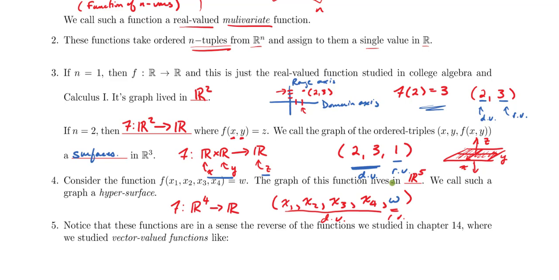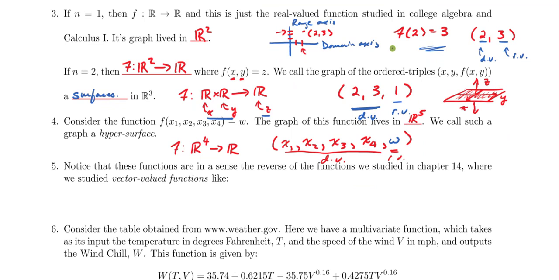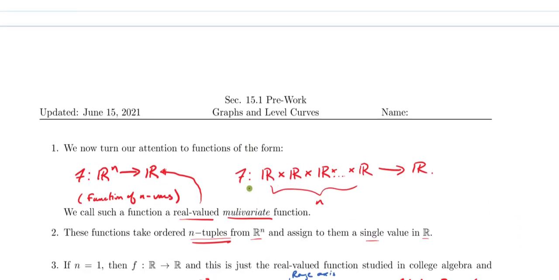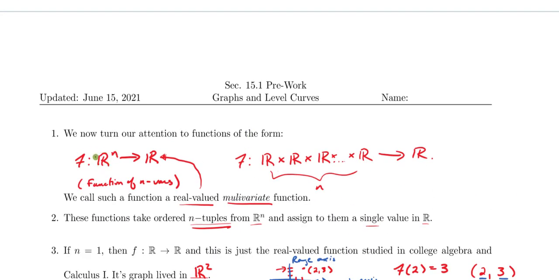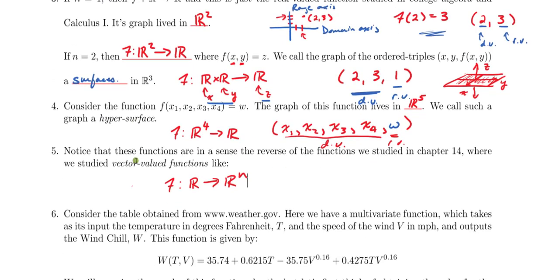Finally, I just want to make sure that we completely understand the distinction between what we were studying in the last chapter, chapter 14, and what we're studying now. In the last chapter, we studied functions f which map from the real numbers to Rn. So please contrast that with what we're looking at here. The domain space in the functions we're going to study now has n dimensions, and it outputs a single real value.